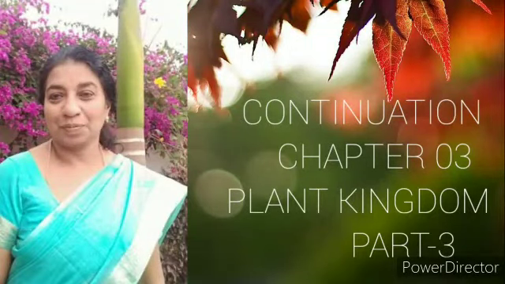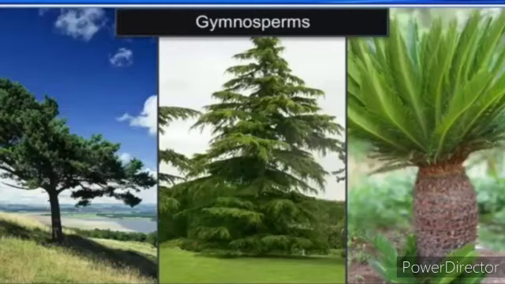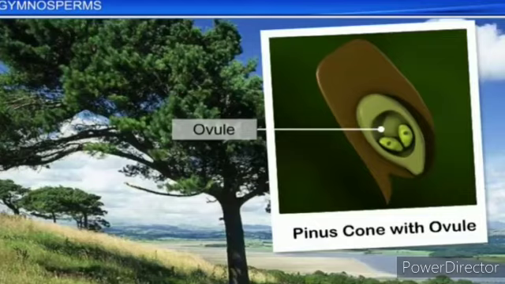Next group of plants are called the gymnosperms. Gymnosperms are the plants in which the ovules are not enclosed by any ovary wall and remain exposed both before and after fertilization.